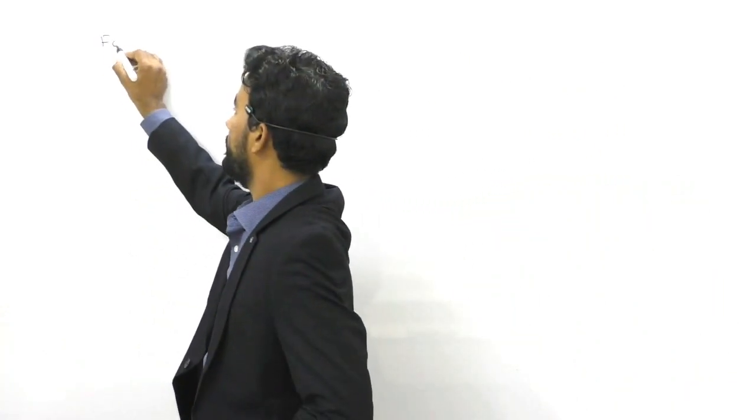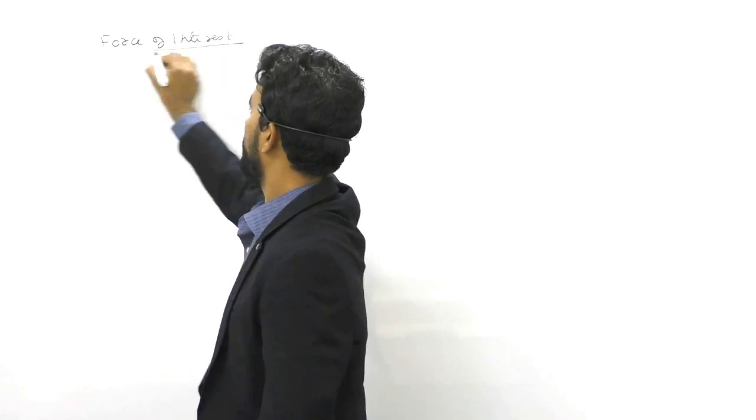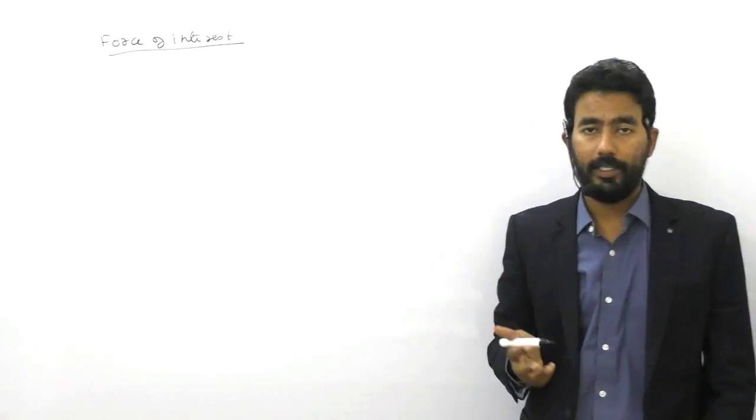Okay, so now let's move on to the last topic of the chapter, that is called force of interest. Force of interest is nothing but the nominal rate of interest.